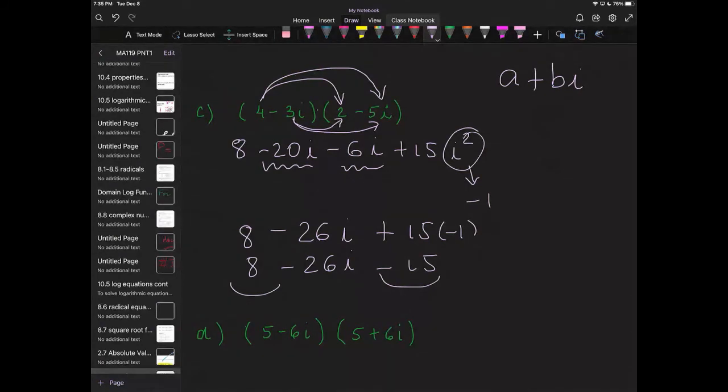So I'm going to combine 8 with negative 15. The result is negative 7, followed by the term negative 26i. Okay, so the key point here is that for the multiplication, most likely you're going to end up with an i squared. So just change that i squared to negative 1.